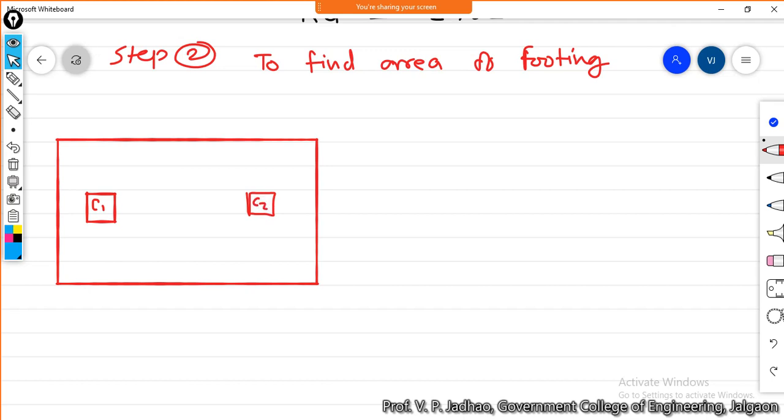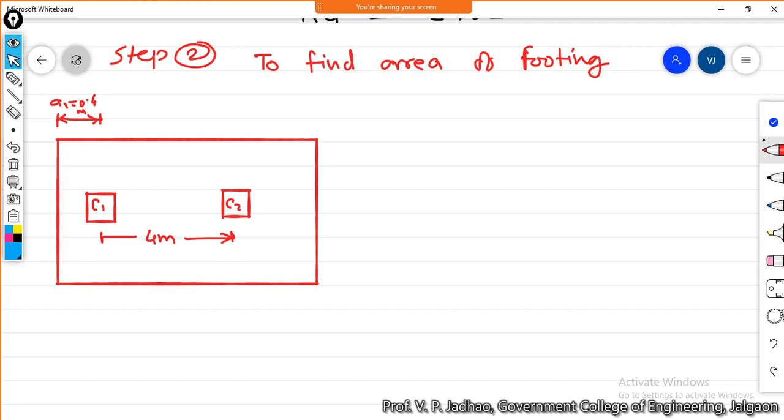Okay, just a minute, I will draw this C2 somewhere here. Okay, this is your C2. This particular distance is 4 meter. Okay, this distance from the edge of this footing to the center line of your column C1, A1, is equal to 0.4 meter.